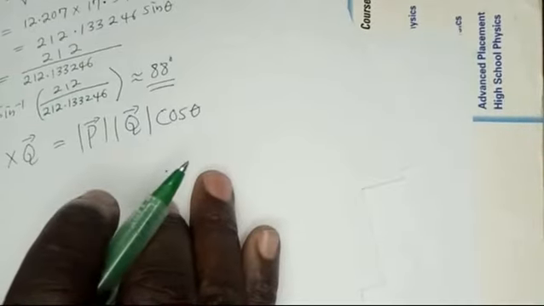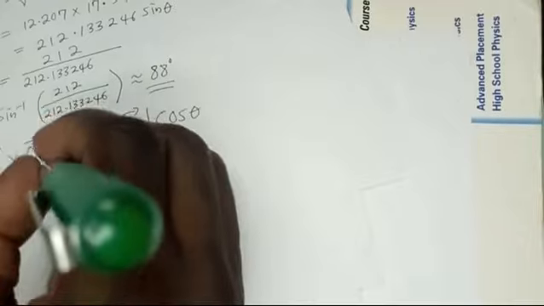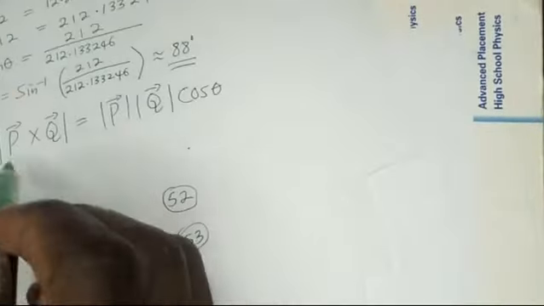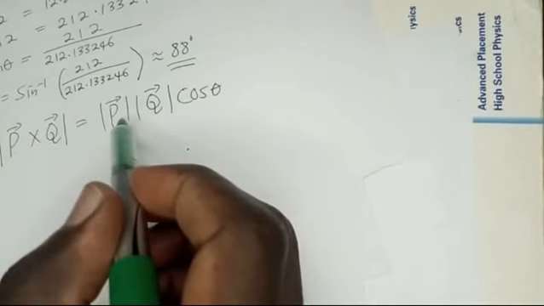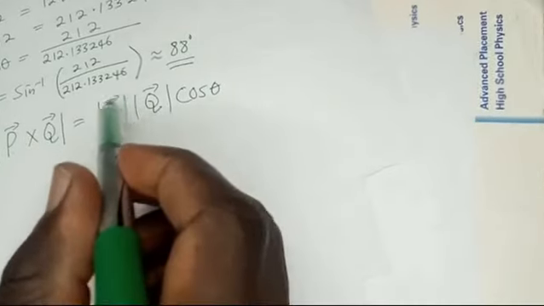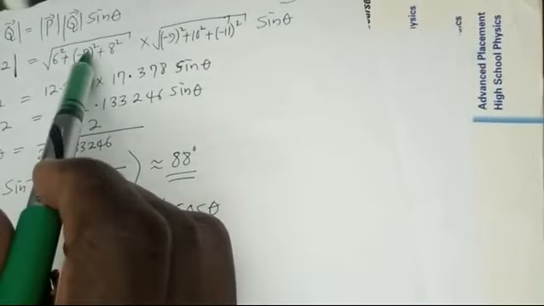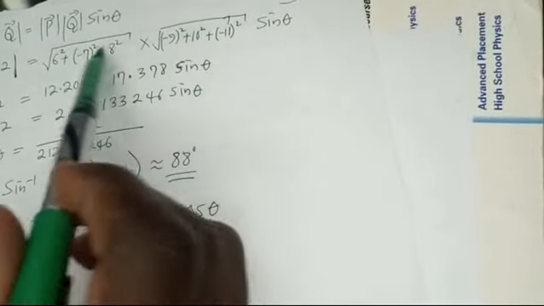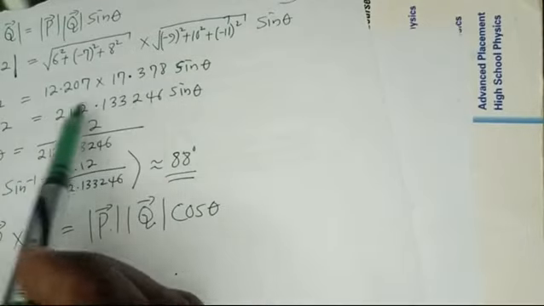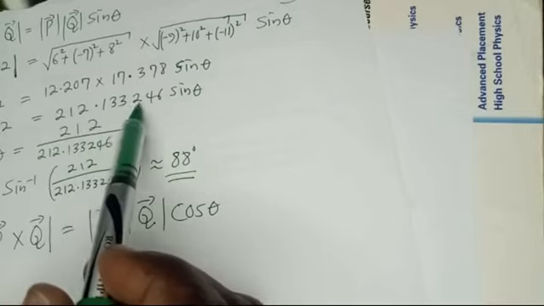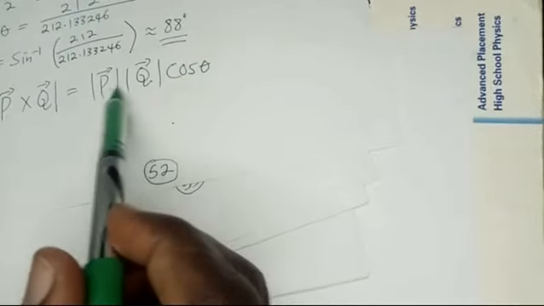So the magnitude of P and Q multiplied together is not going to change. We obtain the magnitude of P and Q, multiply them together, and we got 212.133. This quantity will remain the same because it is the identical thing that we have.